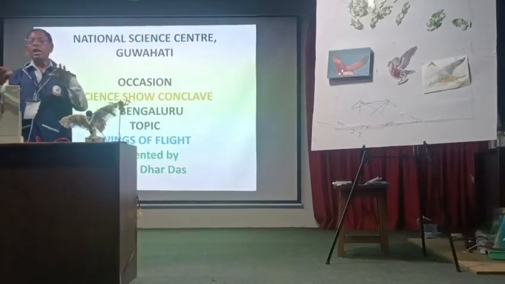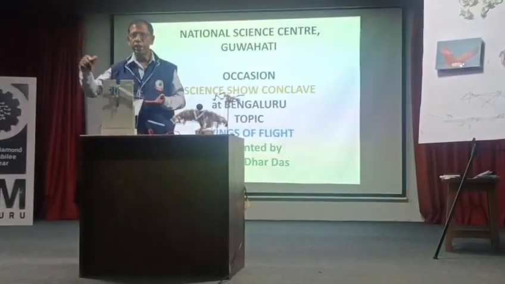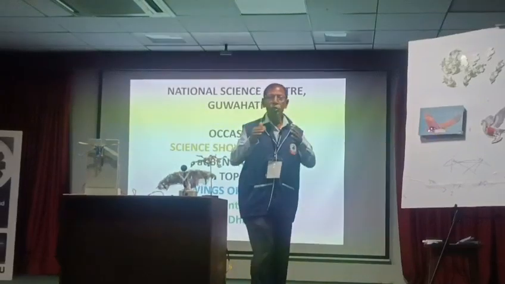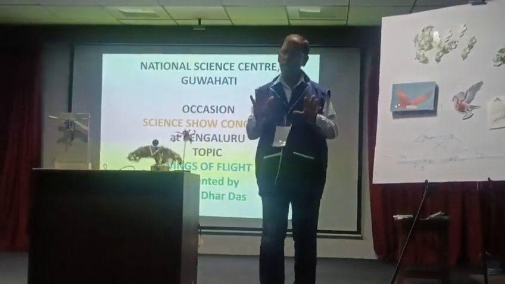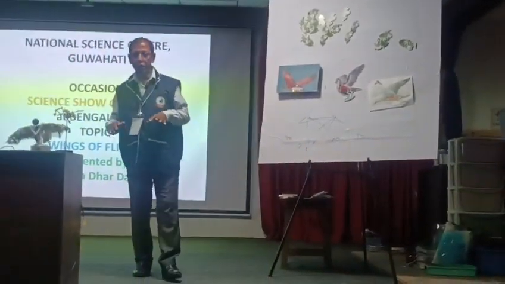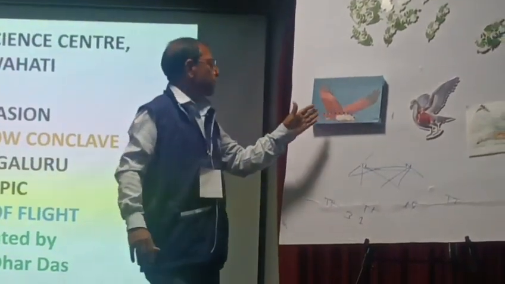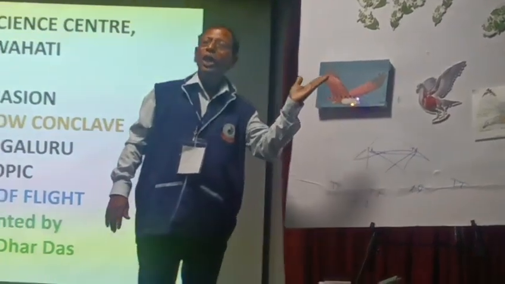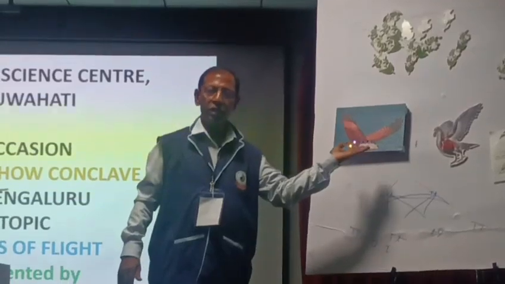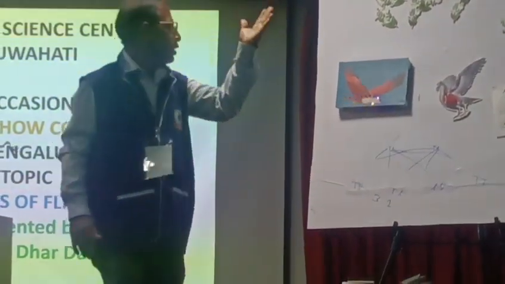That day, Balakrishnan sir, one of the pioneers and retired principal of this area, also demonstrated and advised some animation. That's why I prepared this one, to show the animation to attract the children during demonstration of such a project. So this upper part, indicated in blue color, is the low pressure zone during flight, and this is the high pressure. So that's why it is bound to lift up the birds.